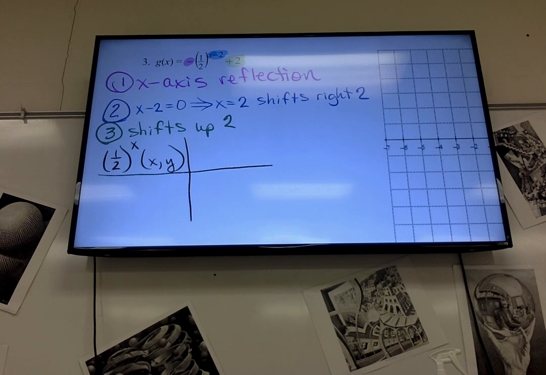And the next one's going to be that negative 1/2 to the x minus 2 plus 2. So what I want you to do is write down how that changes x and y in there. Is it negative x plus 5, y minus 4, whatever it is. So you can come up with what you're going to do with x's and y's.